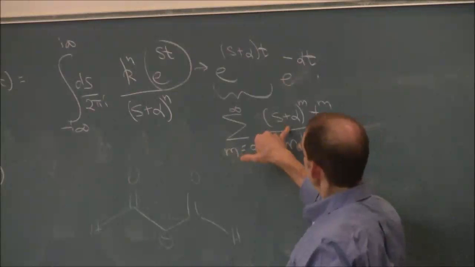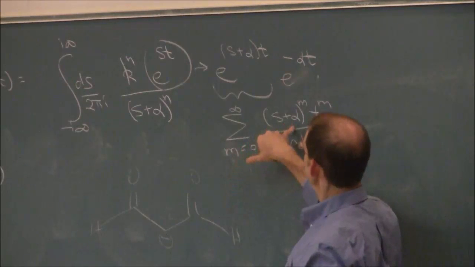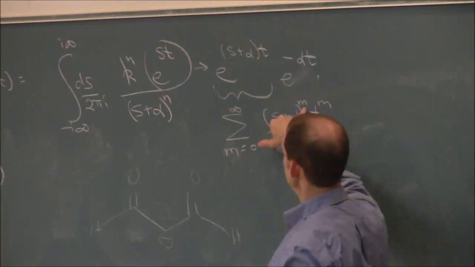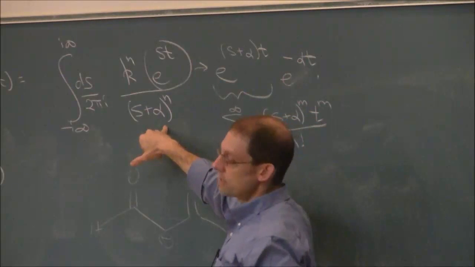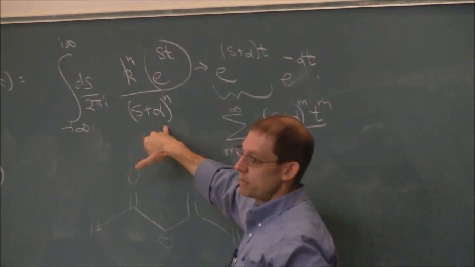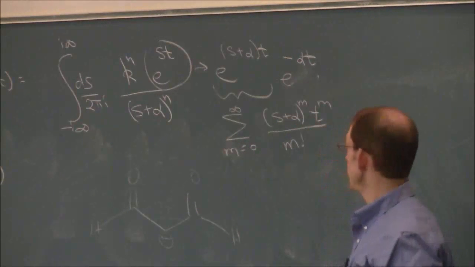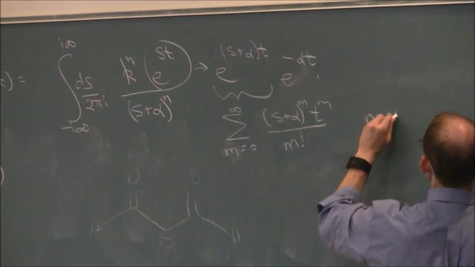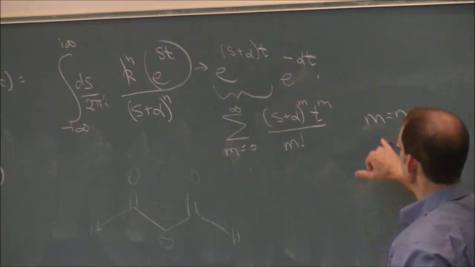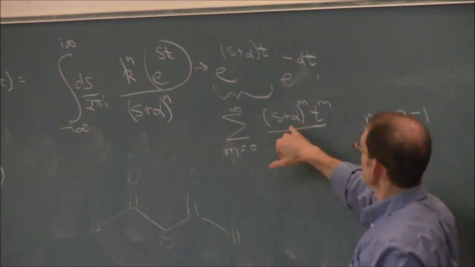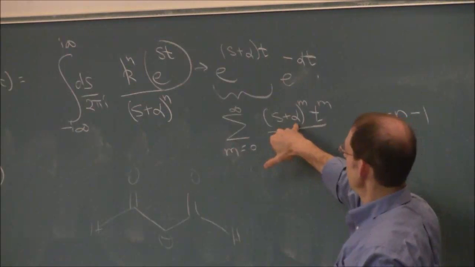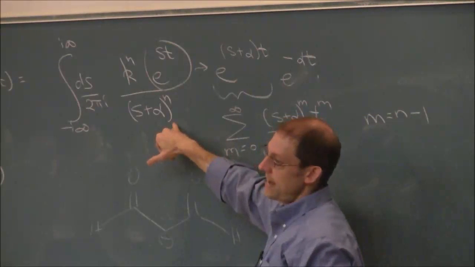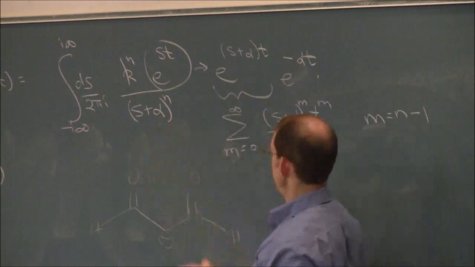And for term m, we'll have an s plus alpha to the m in the numerator and an s plus alpha to the n in the denominator. So the only term that contributes in the end to the integral is m equal to n minus 1. When m is equal to n minus 1, we'll get an s plus alpha to the n minus 1 divided by s plus alpha to the n, and then we can do that integral.